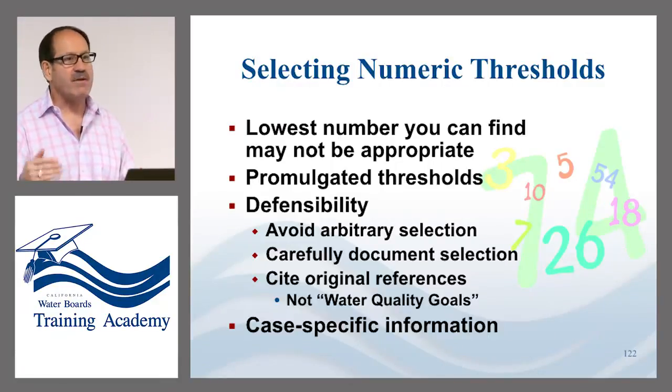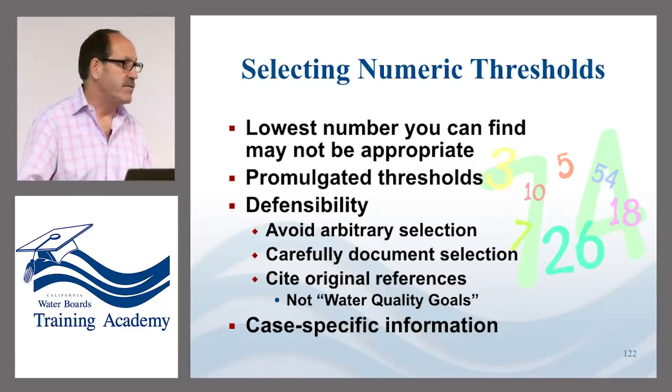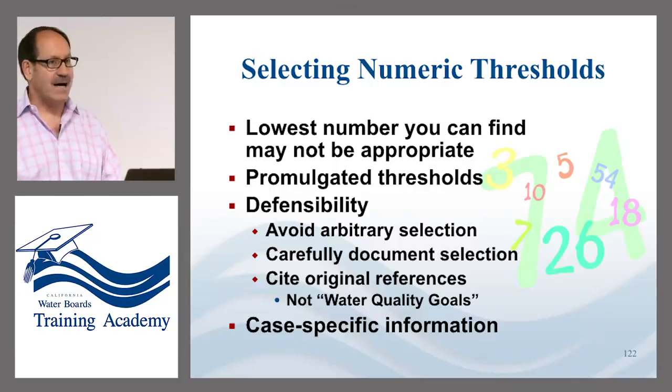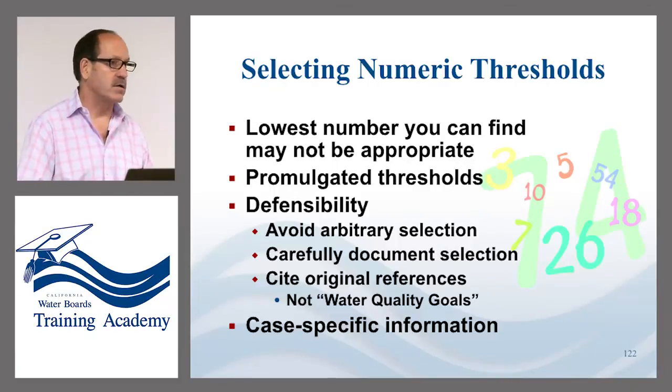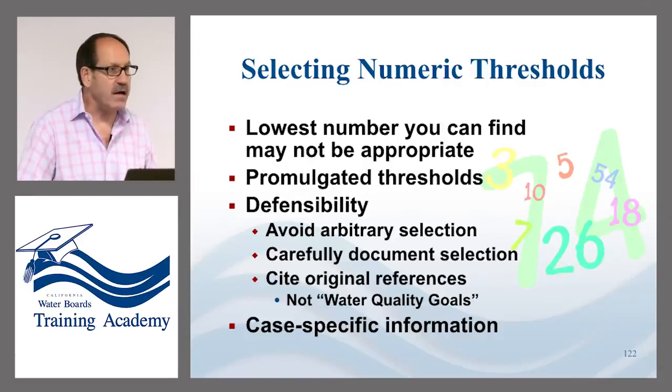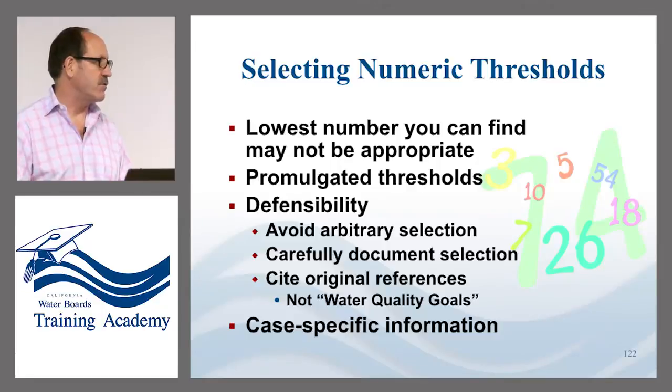And then you may have case-specific information. For example, in the Santa Ana region, their basin plan for toxicity, the toxicity objective for groundwater says that where we have an MCL, we're going to default to that being protective of human health. Well, that's a decision that they've made, that their board has adopted.